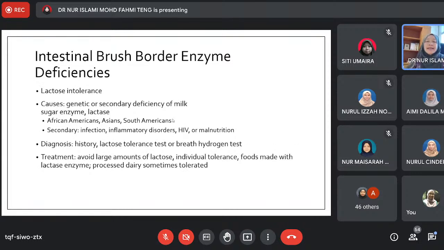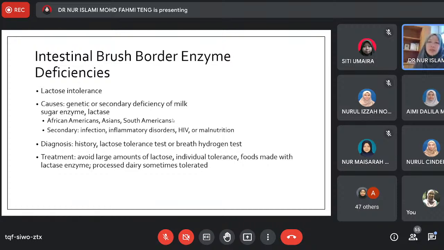Then there is intestinal brush border enzyme deficiency. This is actually lactose intolerance. Who can get lactose intolerance? It is a deficiency of the sugar enzyme lactase. It is common among African Americans, Asians, and South Americans.